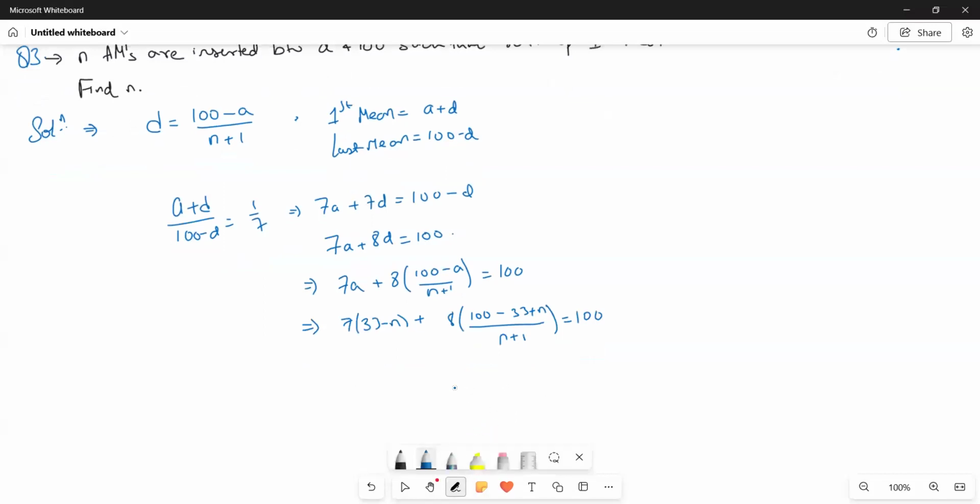Now, when we simplify this will convert to a quadratic. 7 times 33 minus n into n plus 1 plus 8 times 67 plus n is equal to 100 times n plus 1.